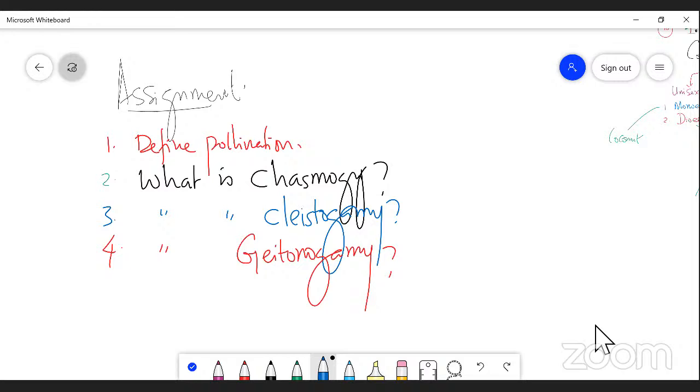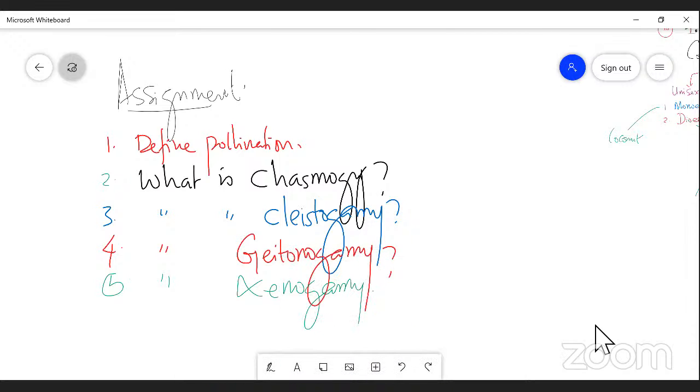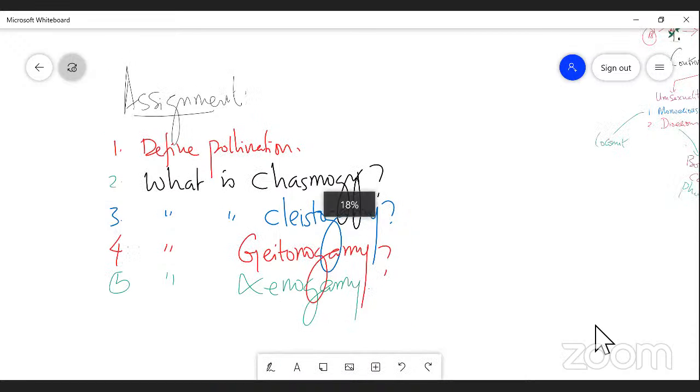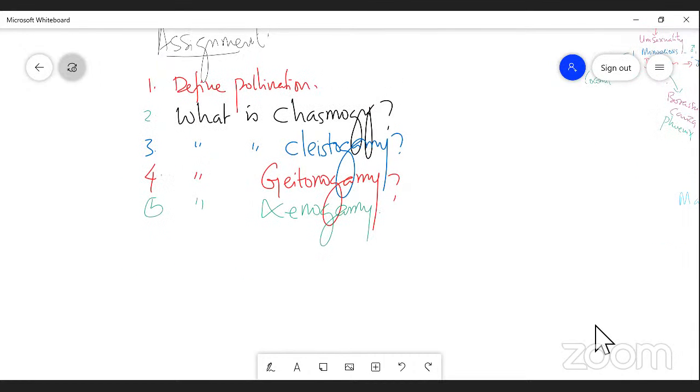Last question: what is xenogamy? Or if it is asked as a big question, you can get: what is pollination? Classify its types.